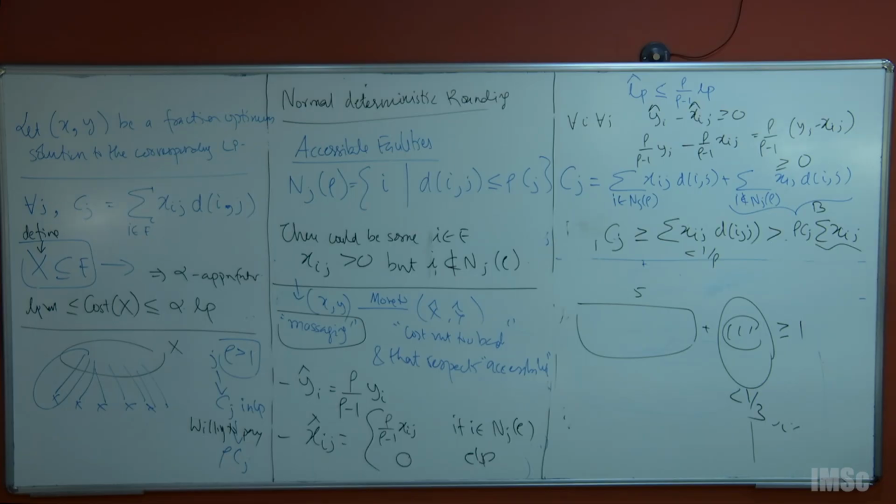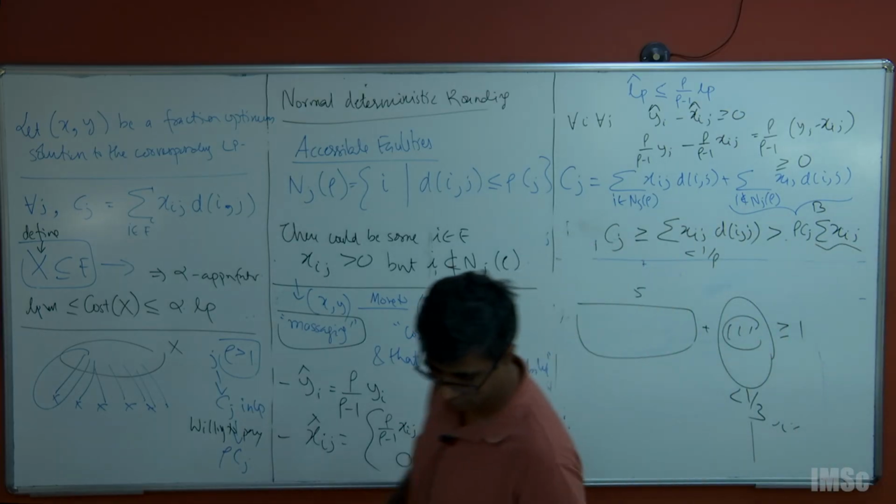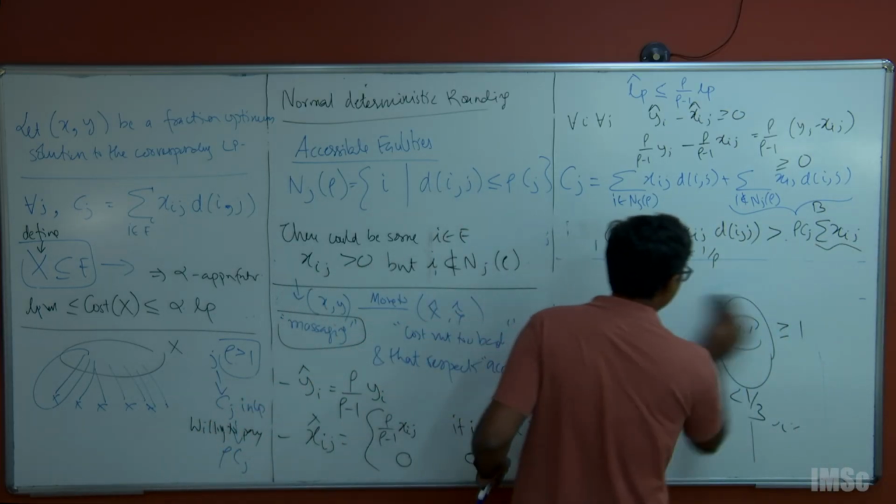So now is it clear why rho by rho minus 1 is a mathematical manipulation? It comes from asking what is the smallest quantity I should take such that I can make sure this inequality holds. Okay. So now let's try to see.